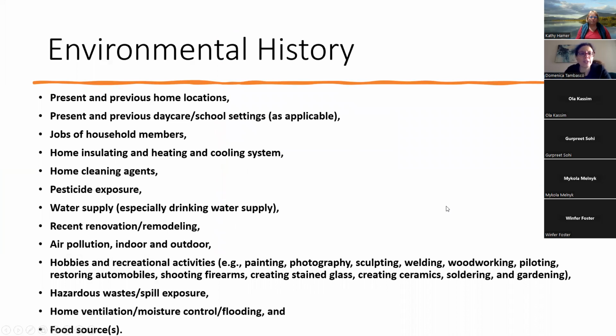So an environmental exposure history includes questions such as the home locations, the present as well as previous, school setting for children especially, what occupation the household members are doing, how you heat or cool your home, pesticides, whether they're used cosmetically or for occupation, what's the drinking water source, if there's been any recent renovations, hobbies, hazardous waste spills in the area, the ventilation in the home, if there's been any flooding or moisture issues, and the food sources.